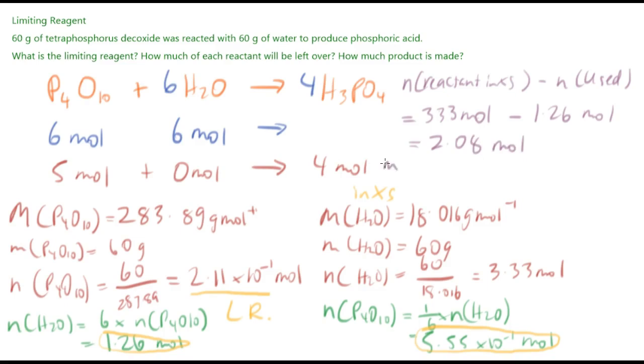So we can figure out the mass of our water: it will just be 2.08 times 18.016, which is the molar mass of water, which gives you about 37.47 grams left over from that 60 grams of water.